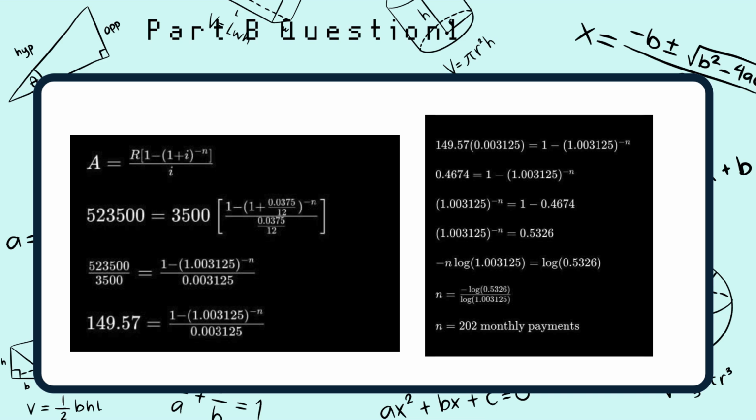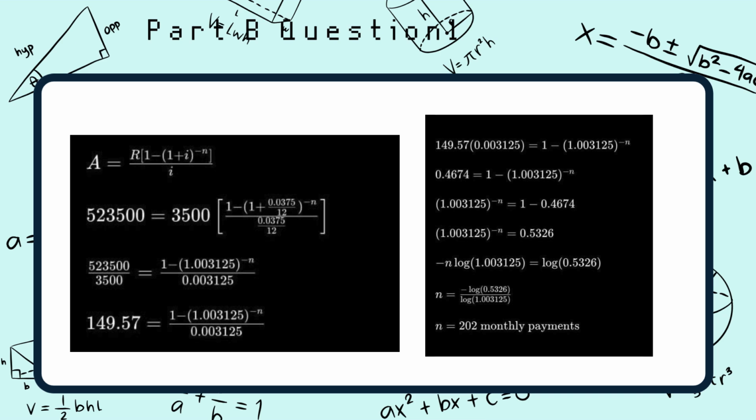So we divide all this, we got 149.57 equals (1 minus 1.003125 to the power of negative n) divided by 0.003125. And then we calculate again. We got 149.57 times 0.003125 equals 1 minus 1.003125 to the power of negative n.